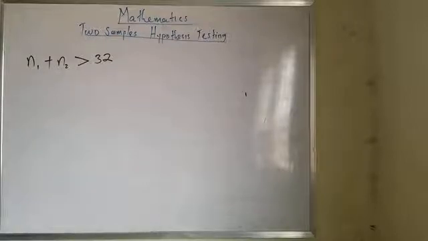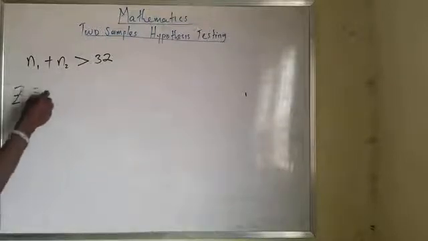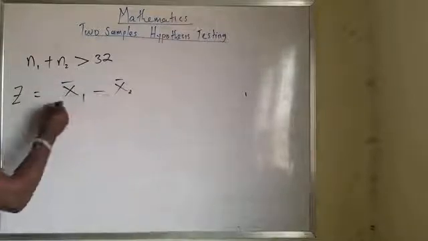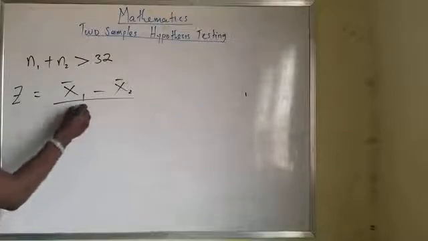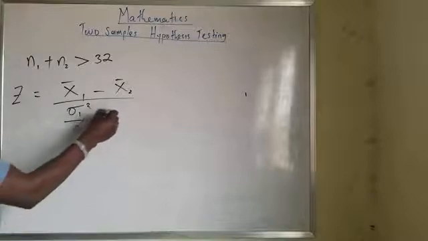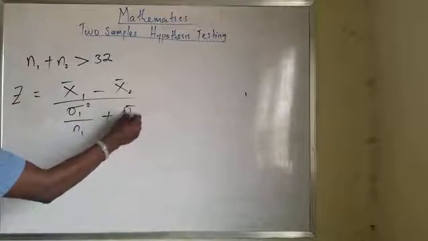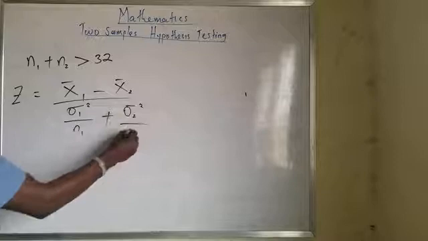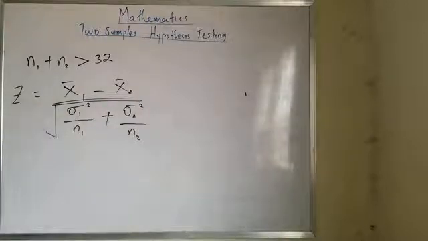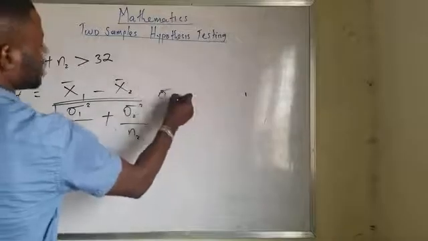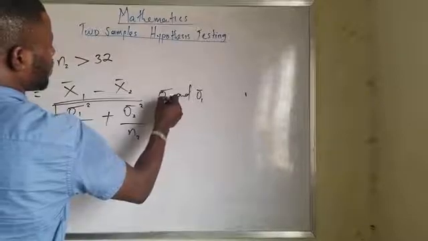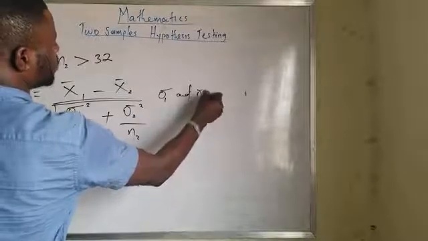This means my Z equals x̄1 minus x̄2, divided by the root of sigma squared 1 divided by N1 plus sigma squared 2 divided by N2.